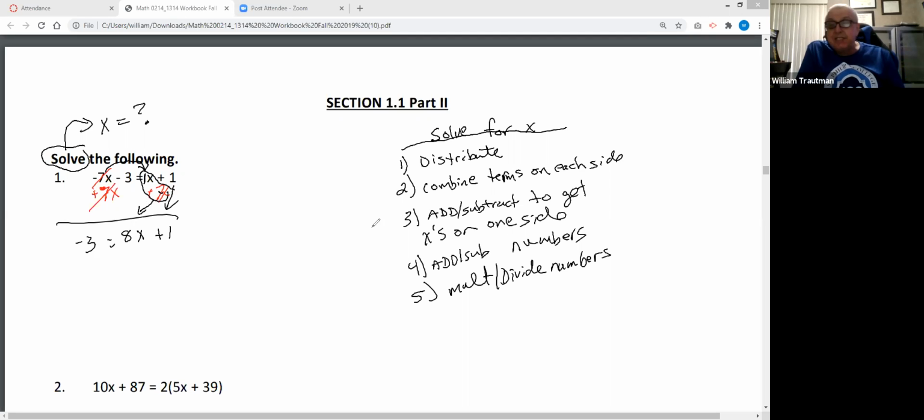So we just did step 3. Step 1 and 2 didn't exist for this problem. Now I have to take the 8 over to the other side and the 1. You ask yourself, what is the 8 doing to the x?